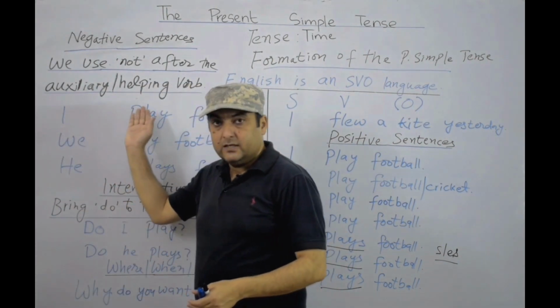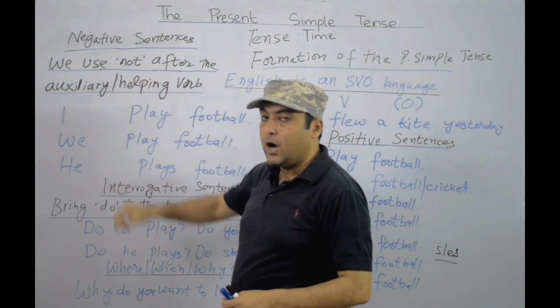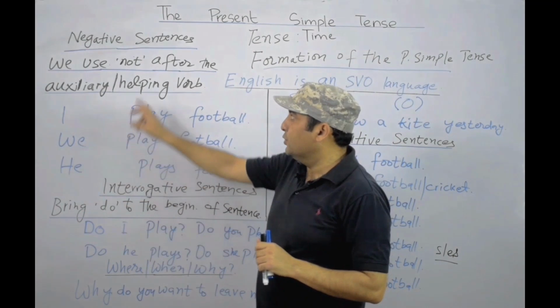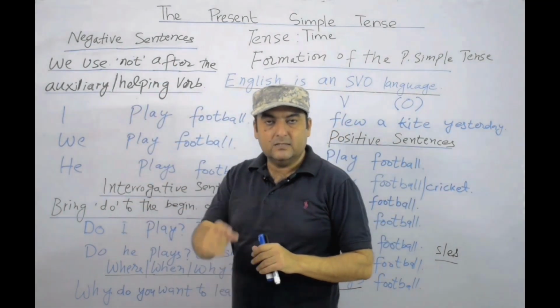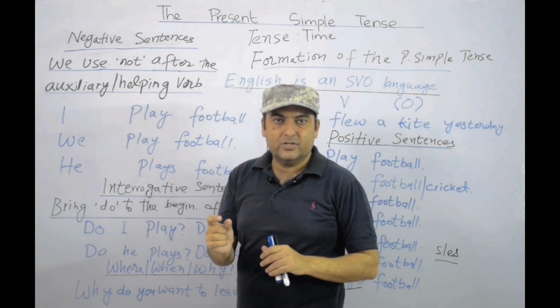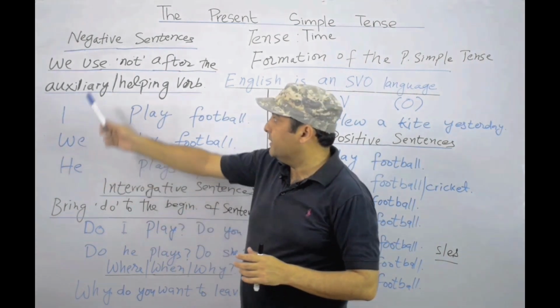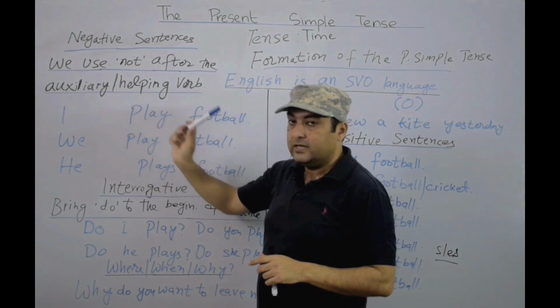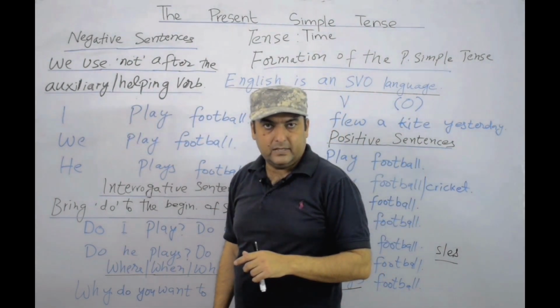On my left, we discuss how we make negative sentences. So before we do negative sentences, let me tell you a general rule in English, like a basic rule, and that basic rule is this: we use not after the auxiliary or helping verb in English.